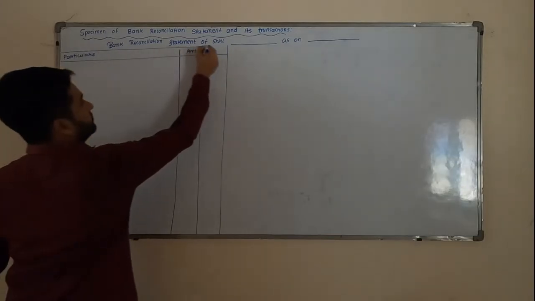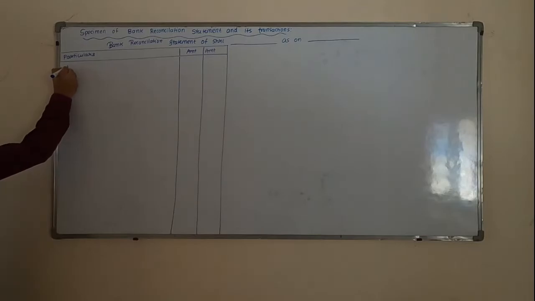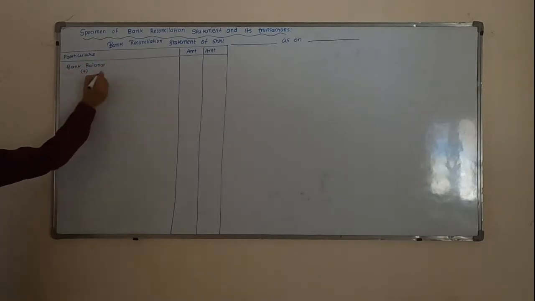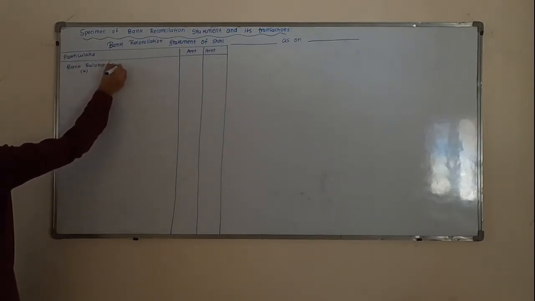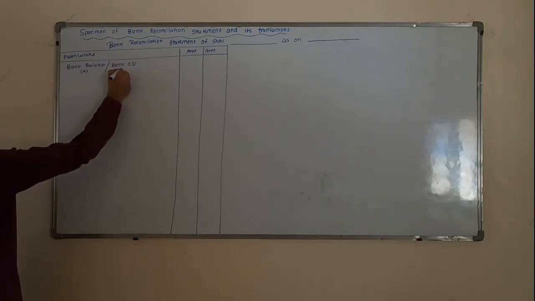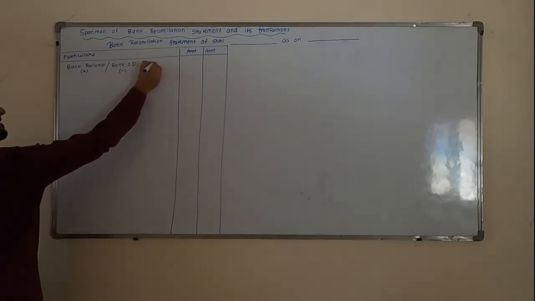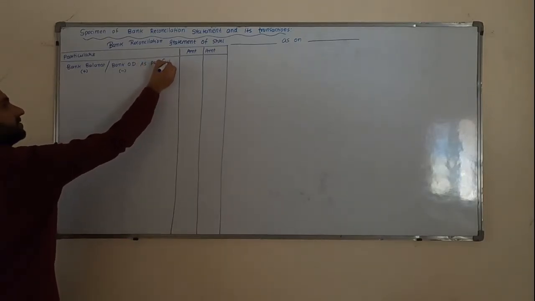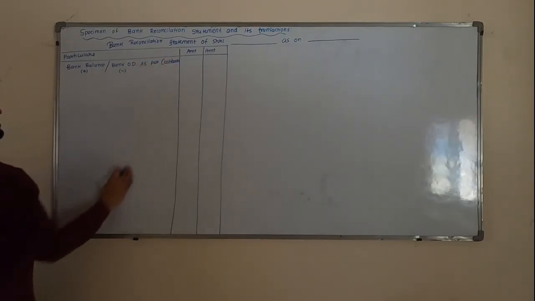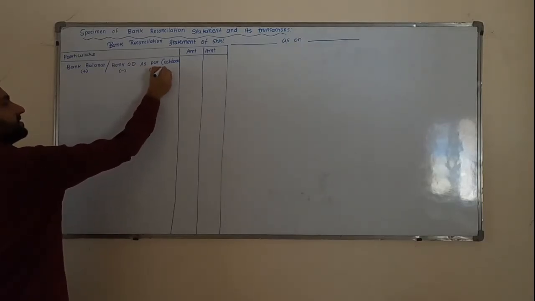Okay, so now we are starting. How to start? Bank balance plus or bank OD means overdraft minus as per cash book, which is our side.